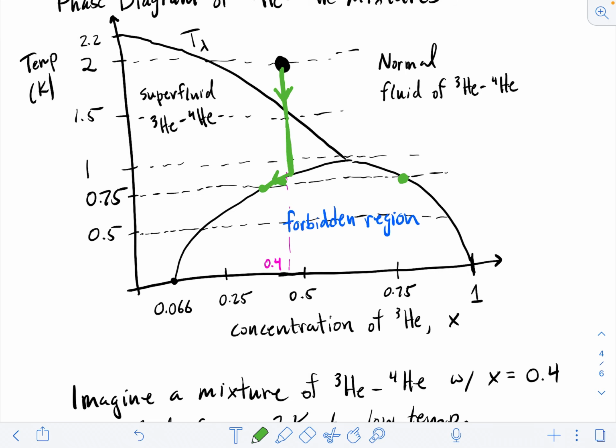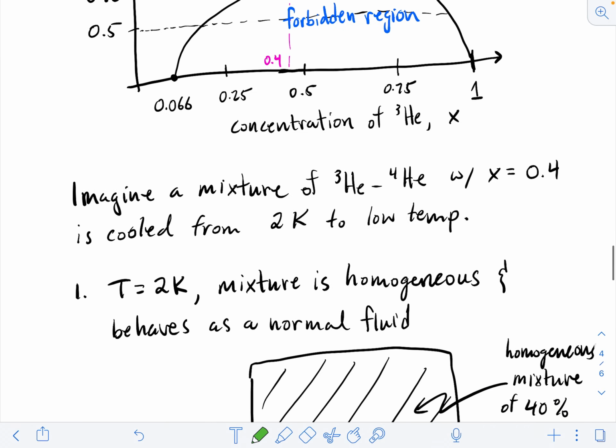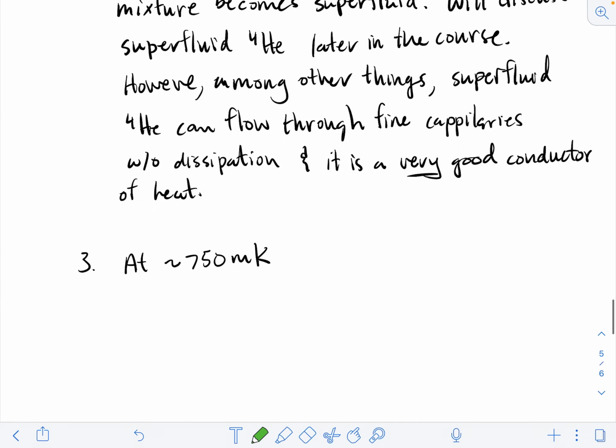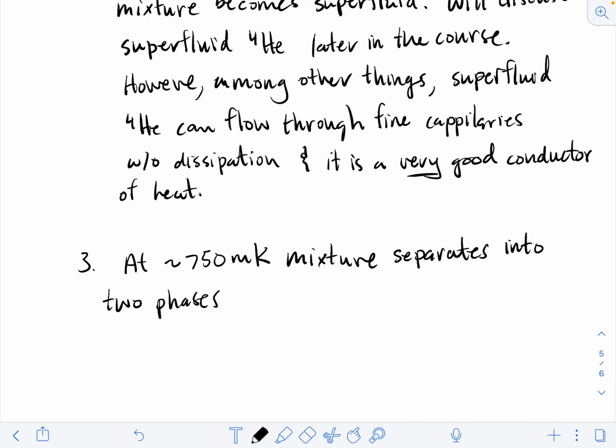Okay, and so what happens when we hit this dome? So the mixture separates into two phases. And so this is where the zero point energy is starting to become important.